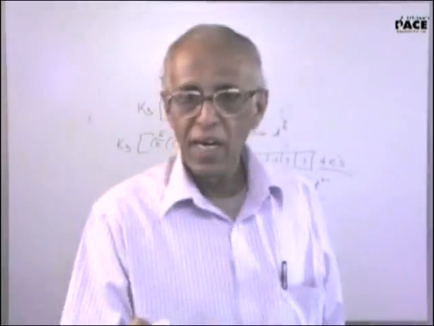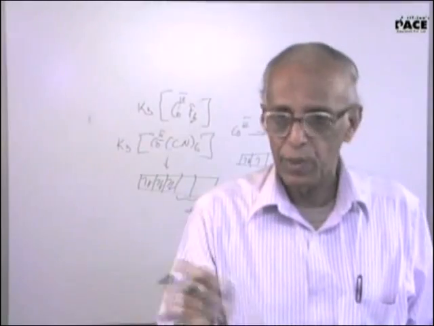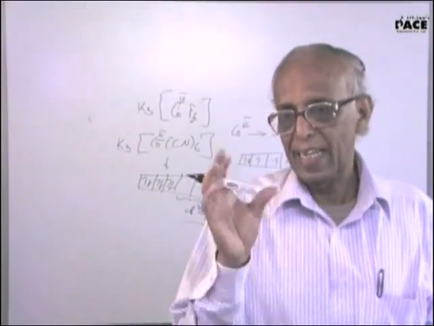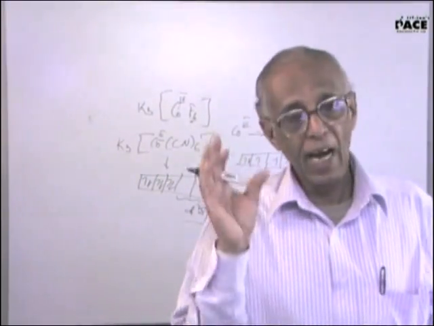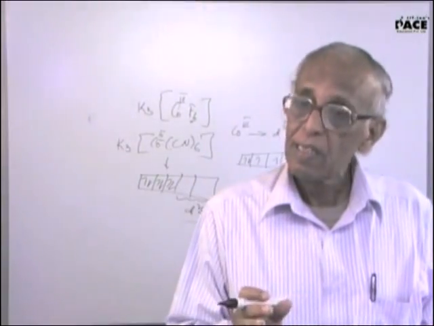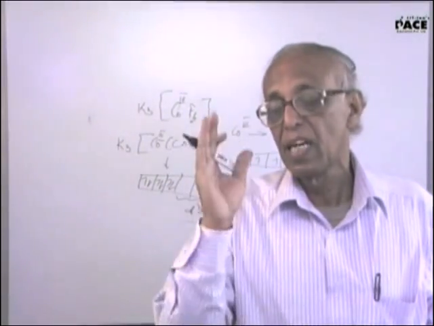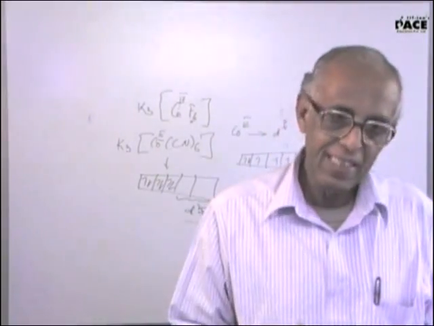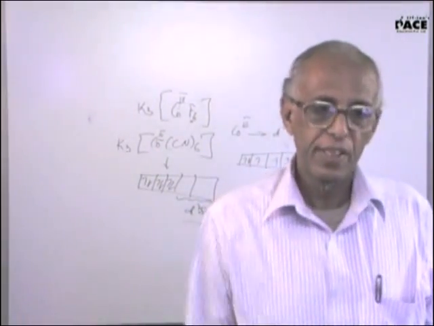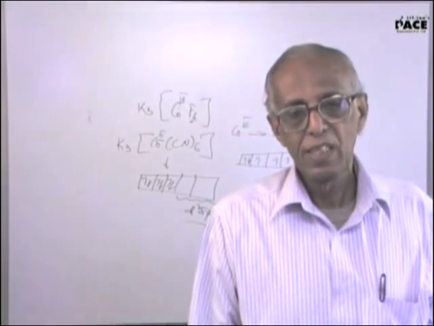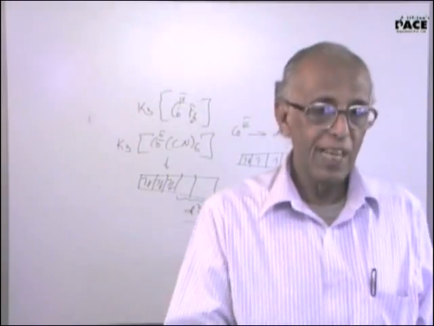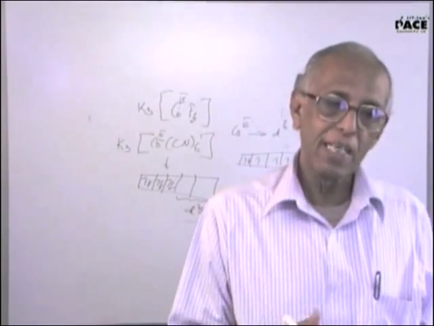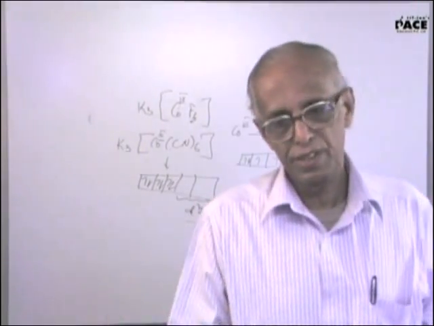Sigma donor and pi donor type of ligands can stabilize the metal in high oxidation state, because metals in high oxidation states are electron deficient. And since these ligands are electron donors, the deficiency of the metal is neutralized. As a result, they stabilize the metal in high oxidation state.